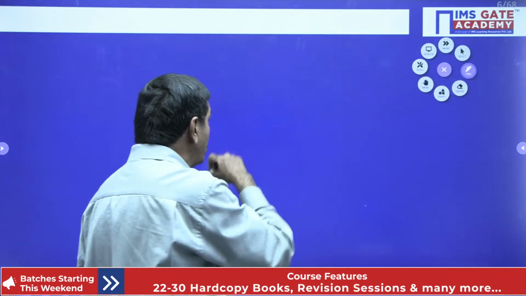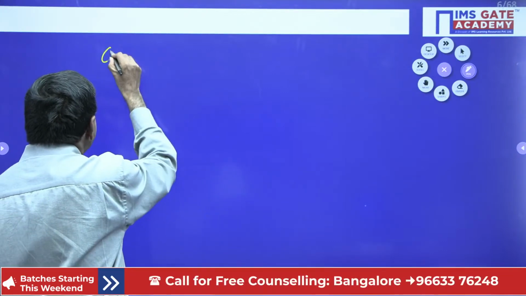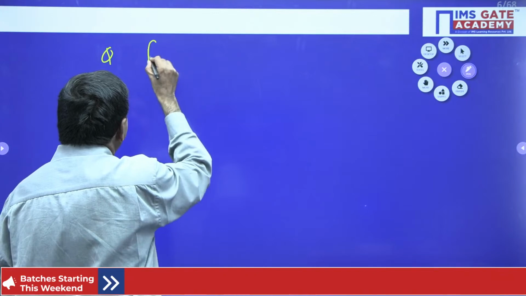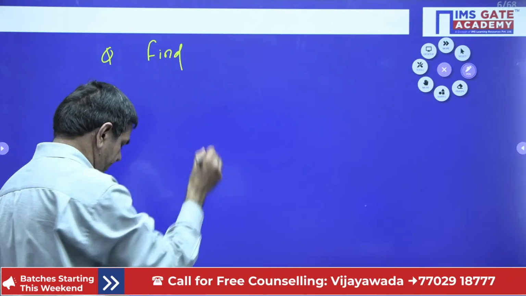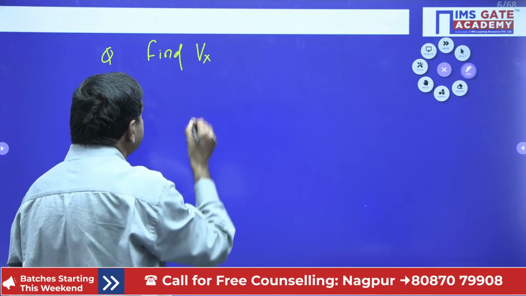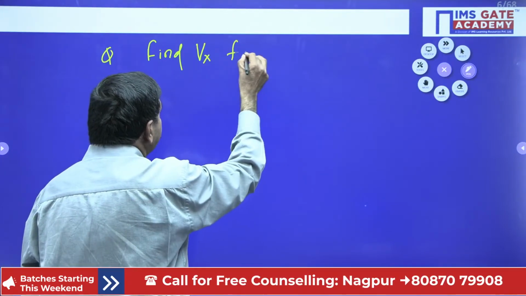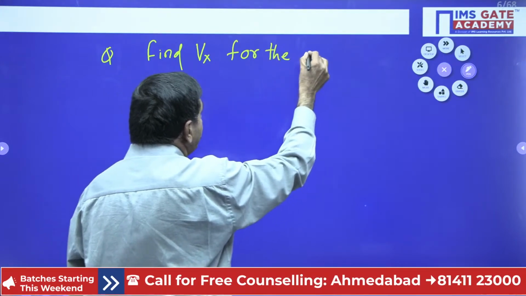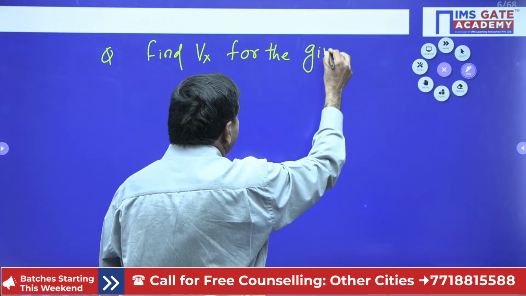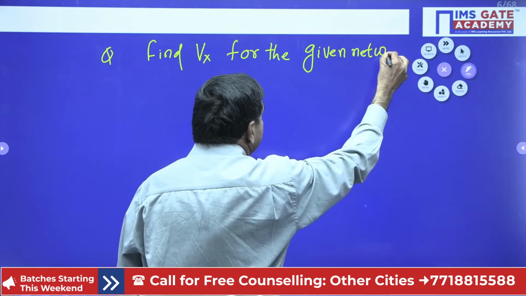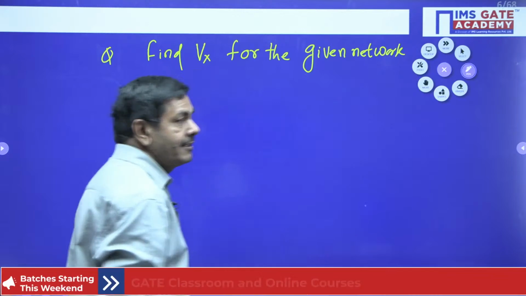The second problem given is: find Vx, sorry, not V naught, Vx, for the given network.